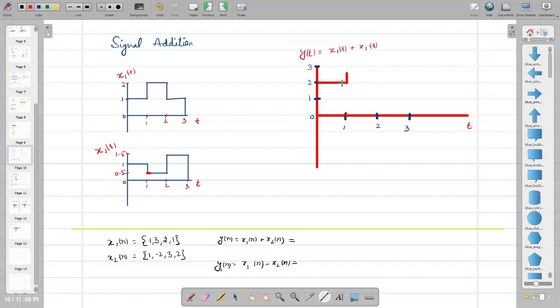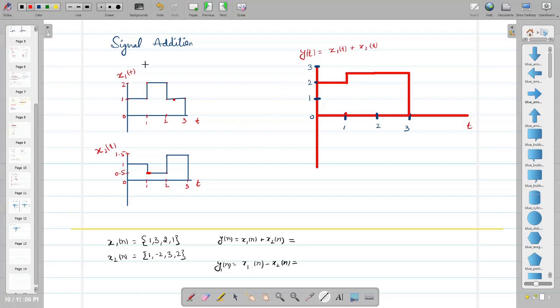So it is 2.5 up to 2 units of time, and after 2 it has 1.5 as an amplitude and 1 as an amplitude. So 1.5 and 1 is again 2.5, again a constant term up to 3, and this is the summation of the two sequences.